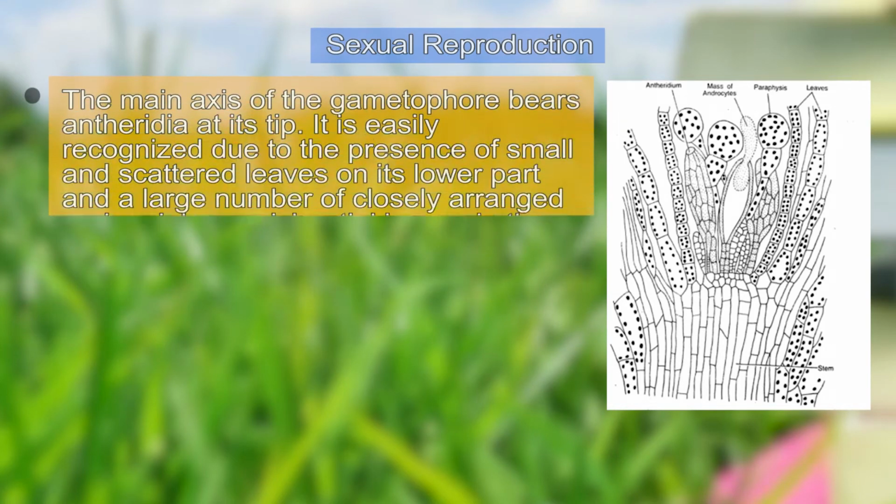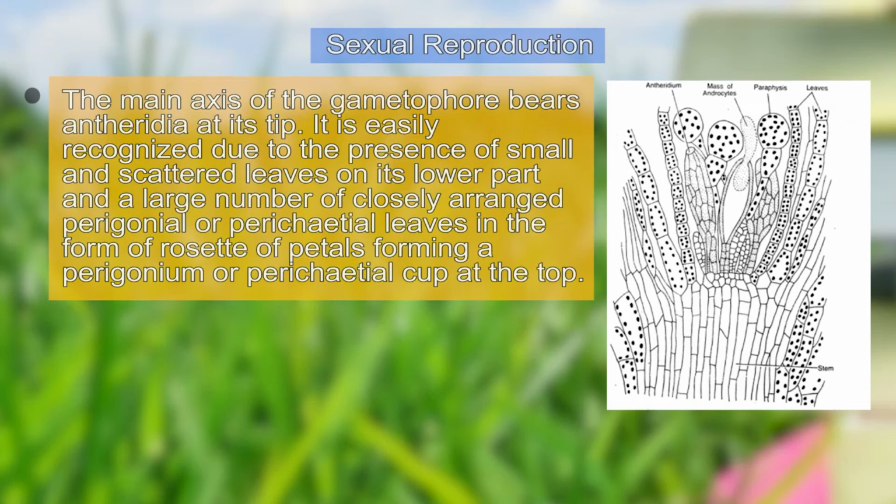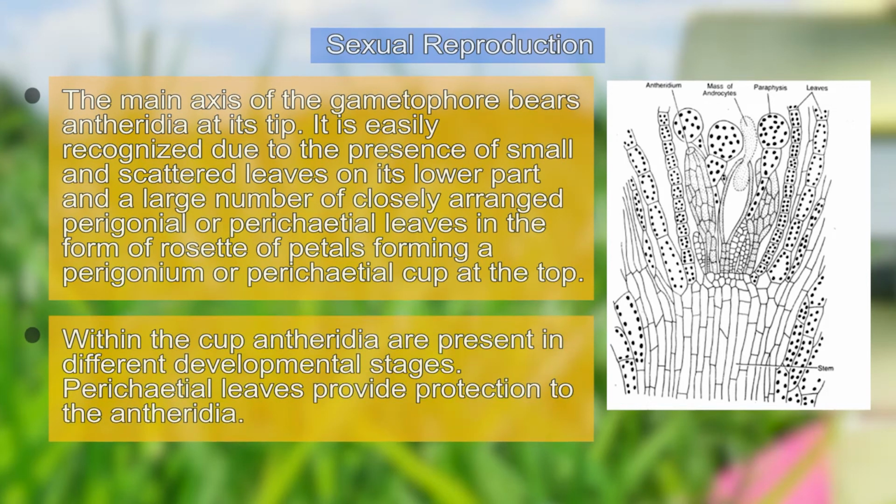The main axis of the gametophore bears Antheridia at its tip. It is easily recognized due to the presence of small and scattered leaves on its lower part and a large number of closely arranged perichaetial leaves in the form of rosette, forming a perigonium or perichaetial cup at the top. The Antheridia are present within the cup in different developmental stages. Perichaetial leaves provide protection to the Antheridia.